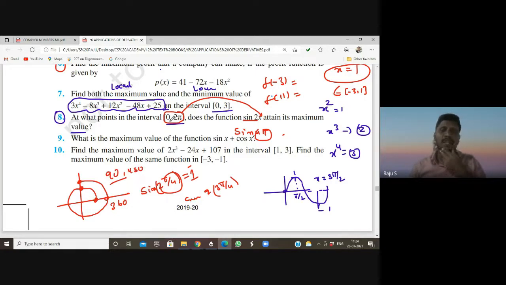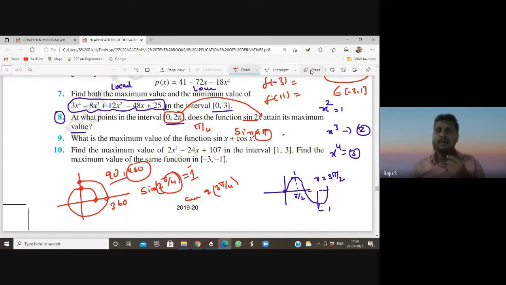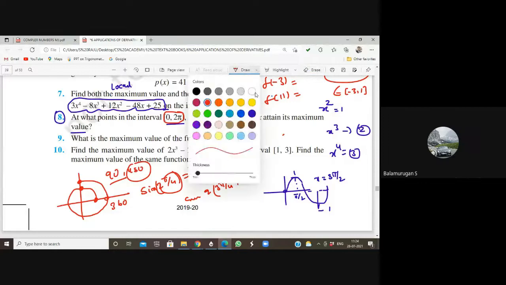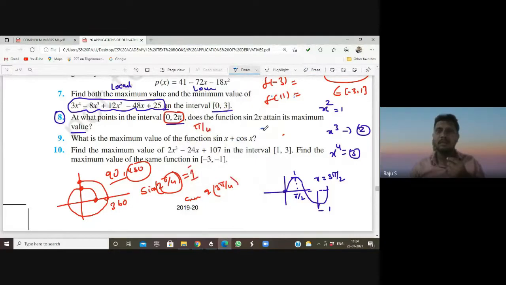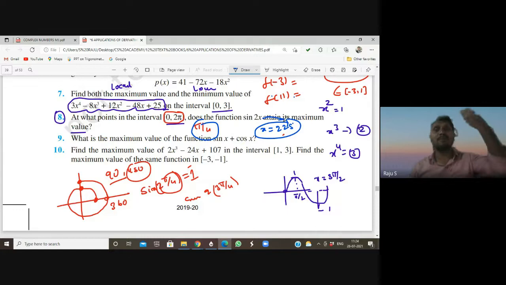To get 90 we substituted pi by 4. To get 450, what shall we substitute in place of x? 225, because 2 into 225 is 450. So at pi by 4, that is 45, and at 225, it attains maximum value.